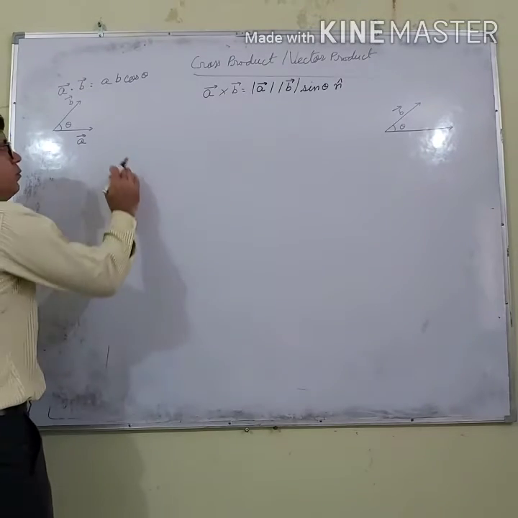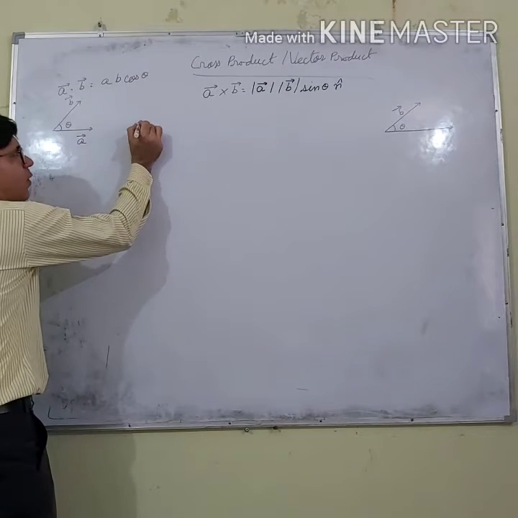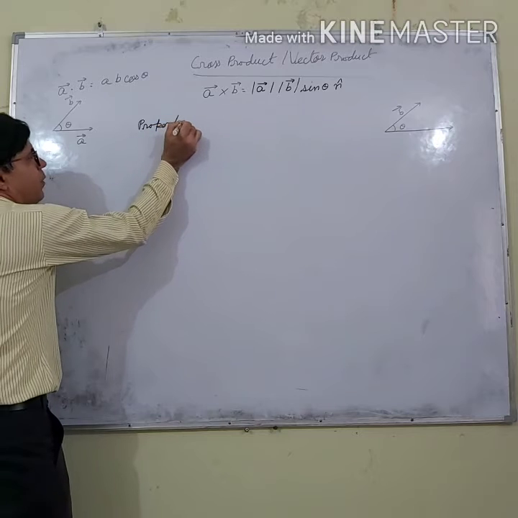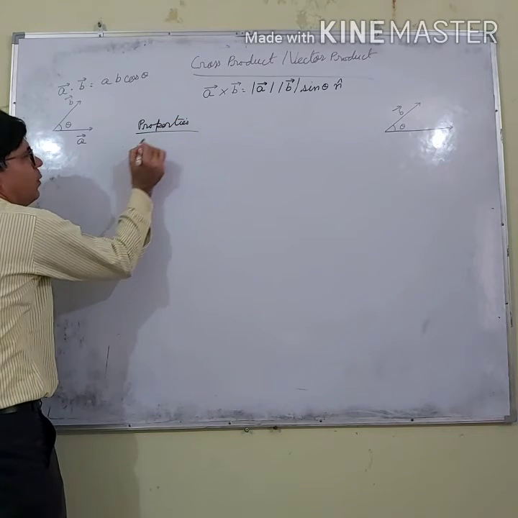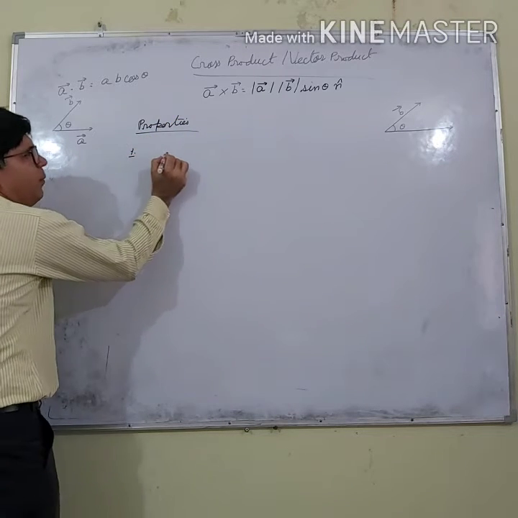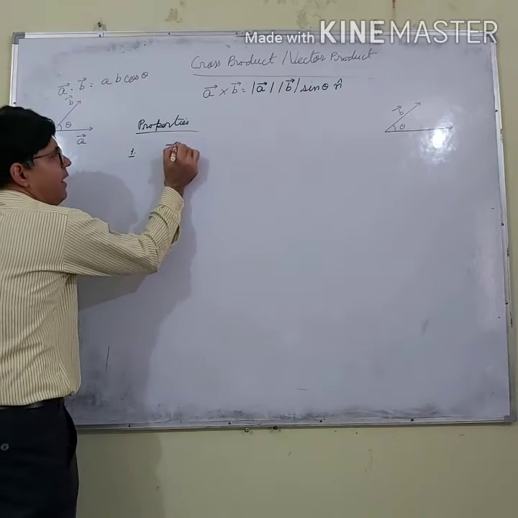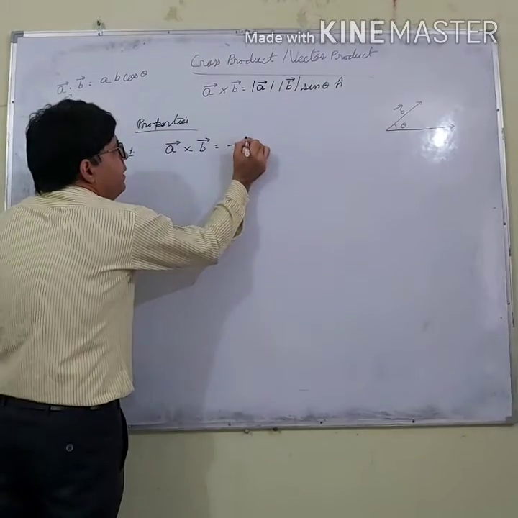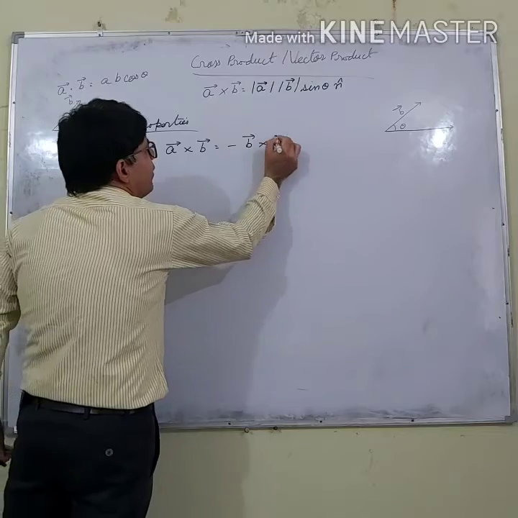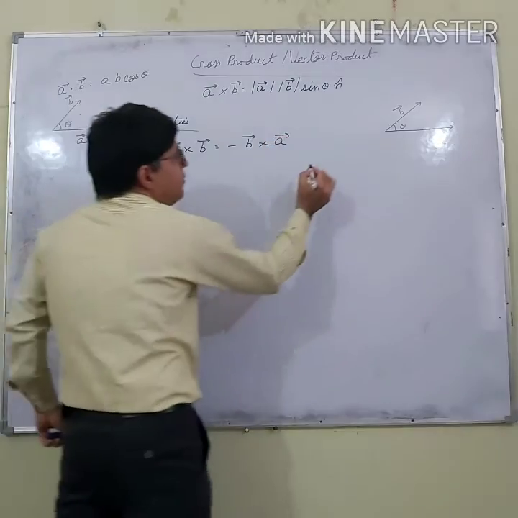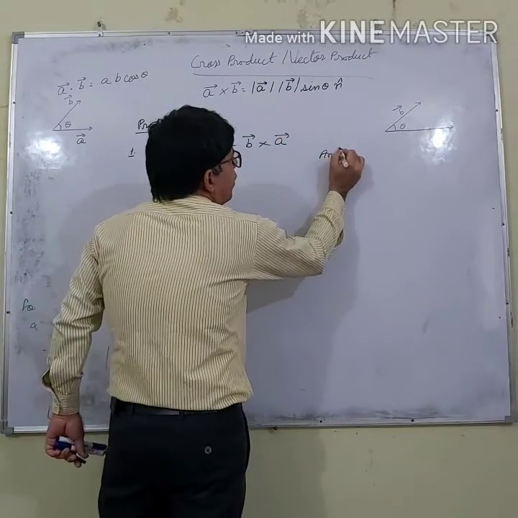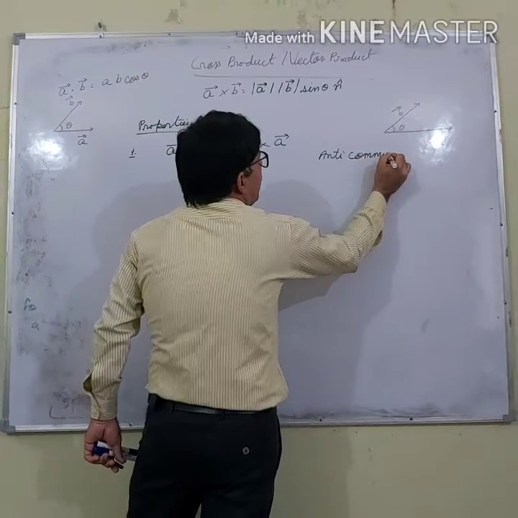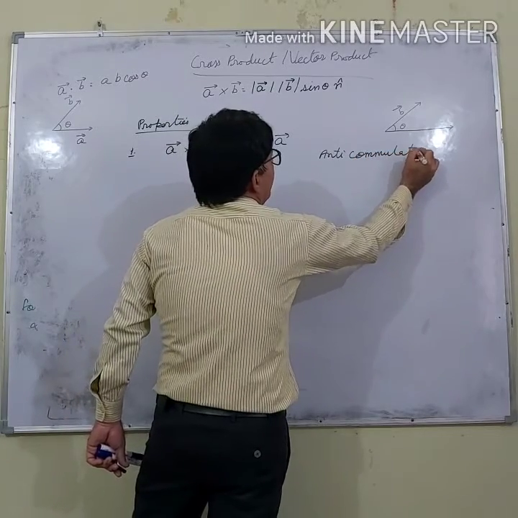Now let us do the properties of this cross product. The first property is that A cross B equals minus B cross A. What does it mean? It means that this cross product is anti-commutative. What is the meaning of commutative?